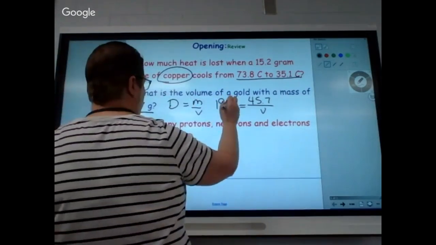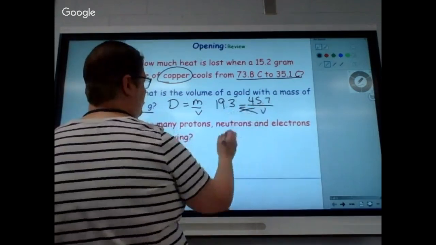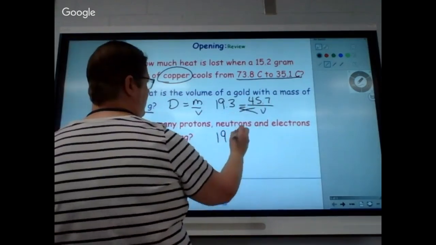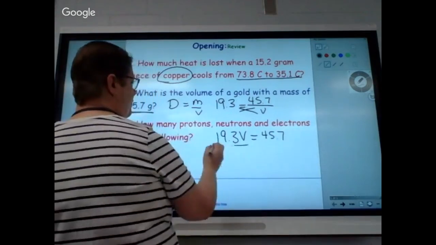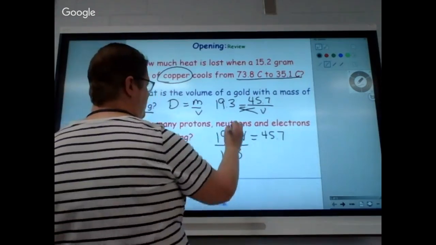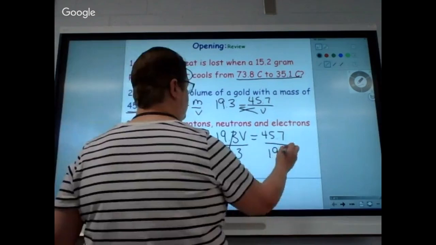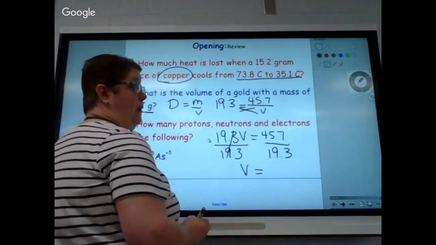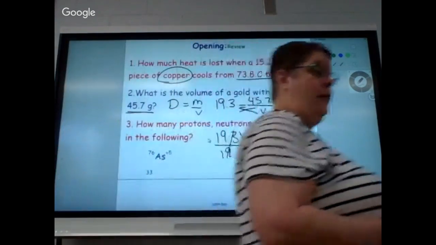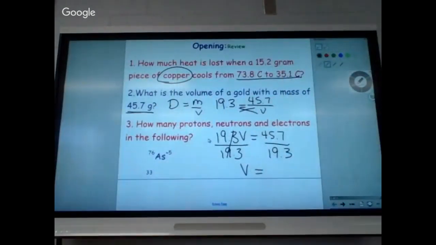Yeah. All right. Cross multiply. 19.3V equals 45.7. Divide 19.3 on both sides. So volume will equal what when you divide that? 2.3?